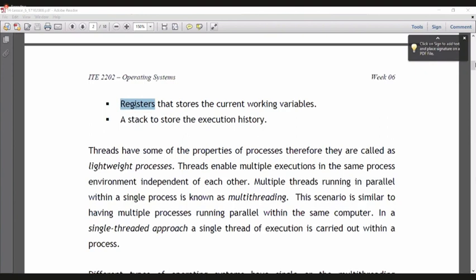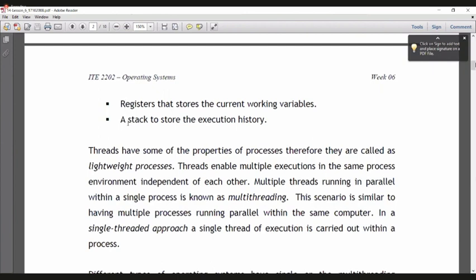Compared to memory or hard disk, registers are very fast because they are within the CPU, hardwired, so you can execute very quickly. But unfortunately, you can't store a lot in registers because the space available is very limited. Then there's another one called the stack.